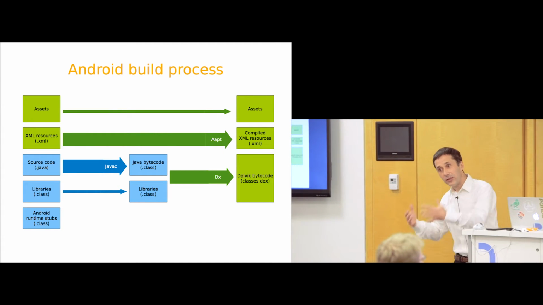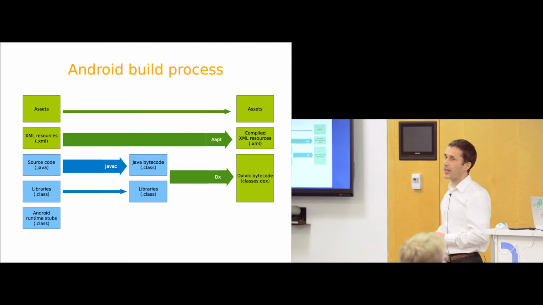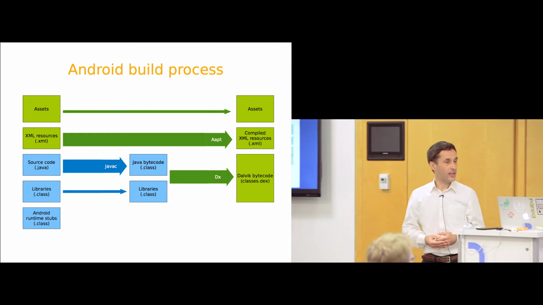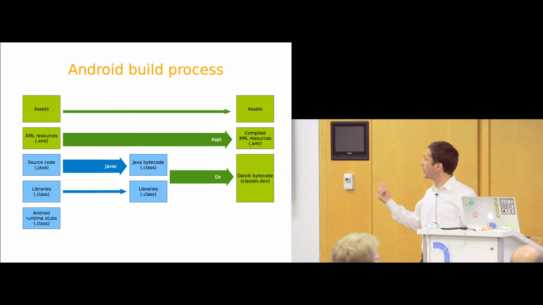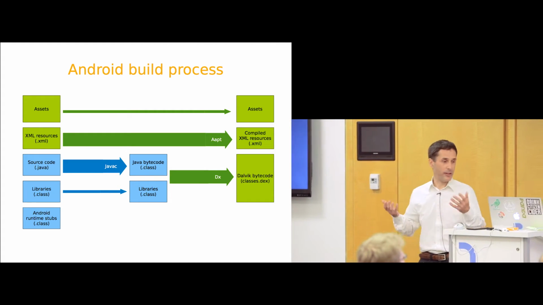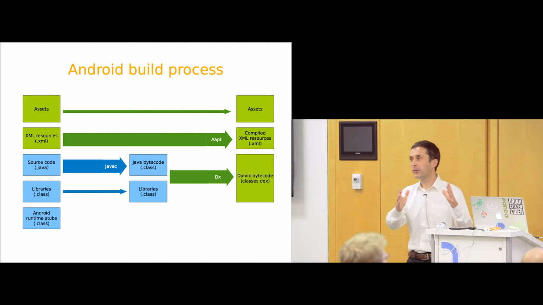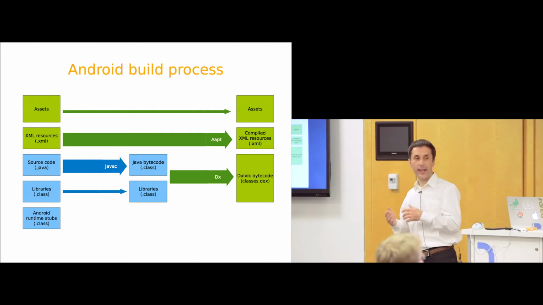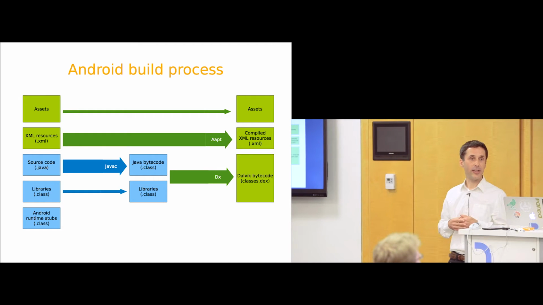Now, going into some more detail, what's happening inside that build process. You start from the left-hand side, from your source code, the assets, resources, Java source code, perhaps some external libraries, precompiled, maybe native code, and all of that goes through the build process to get everything that goes into the application.